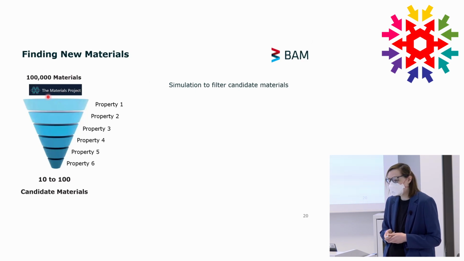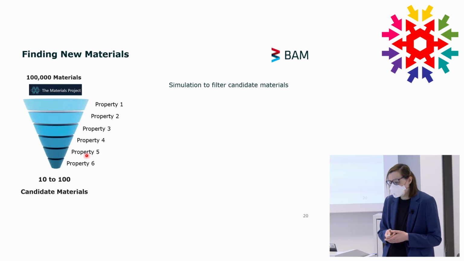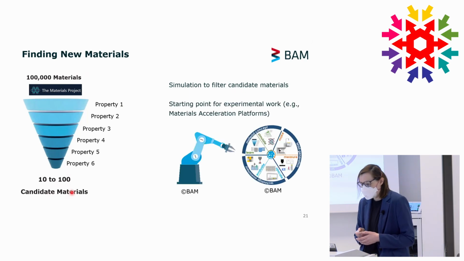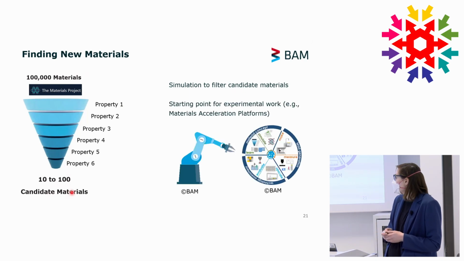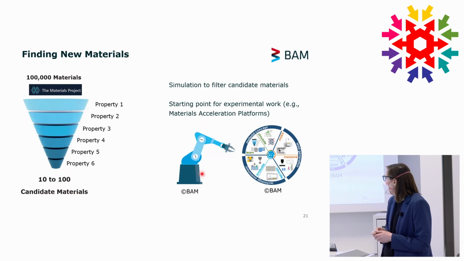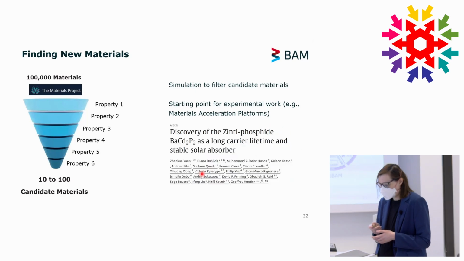So you would start from a large database of materials, for example, or of unknown materials, and then compute all these different properties that you know are relevant for a certain materials application, and then suggest a bunch of candidate materials. And this can then be the starting point for experimental work, right? We at BAM, for example, have materials acceleration platforms where we use robots for this, and this is, of course, also going on at other institutions.